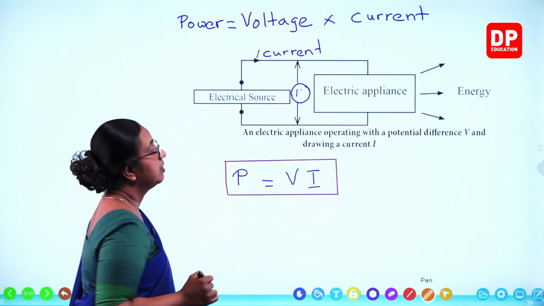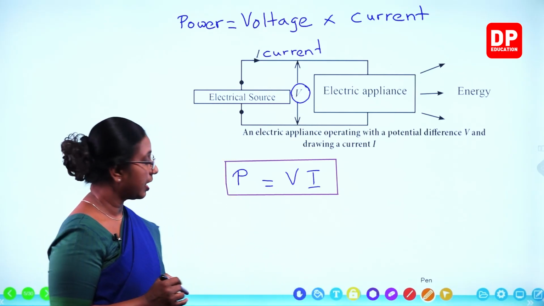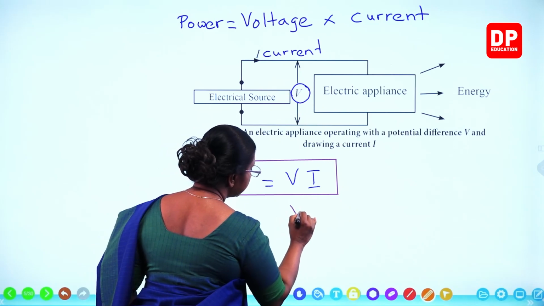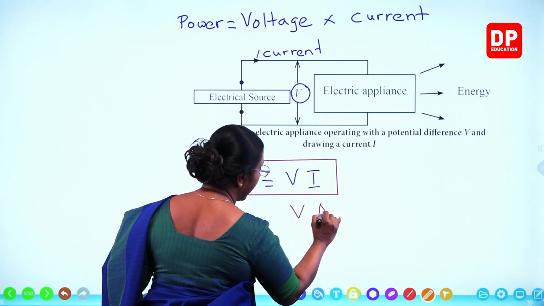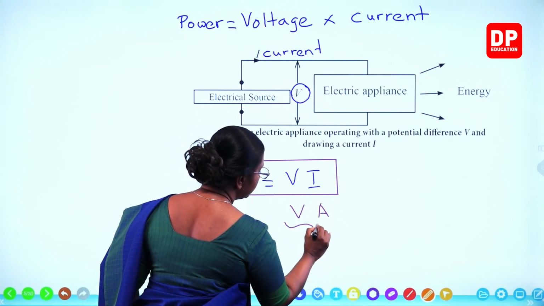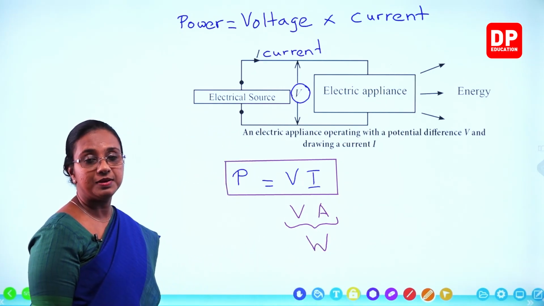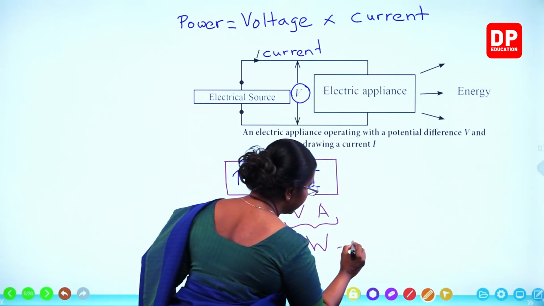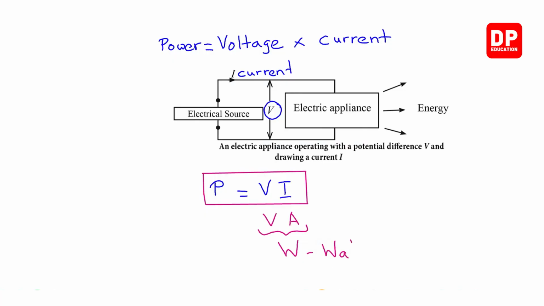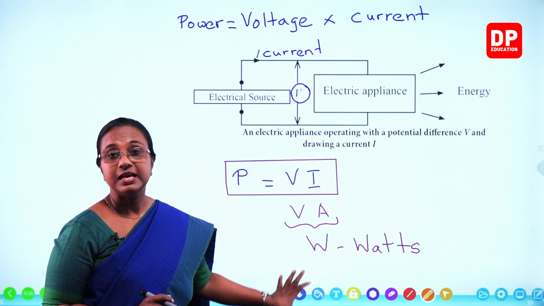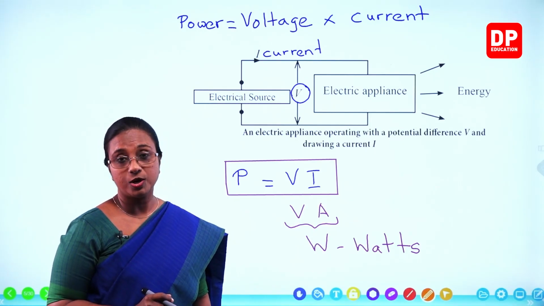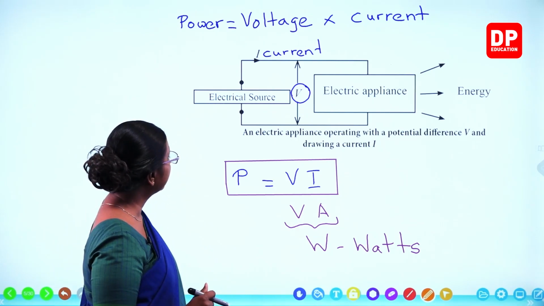Power is voltage into current. Voltage is in volts, current is in amperes, and both together give you the power in watts, W. Capital W, because it is the name of a scientist, you have to use the capital letter. The SI unit of power is watts. You have to remember that.